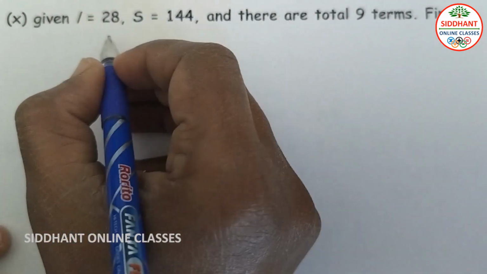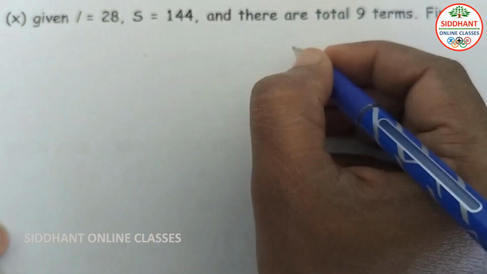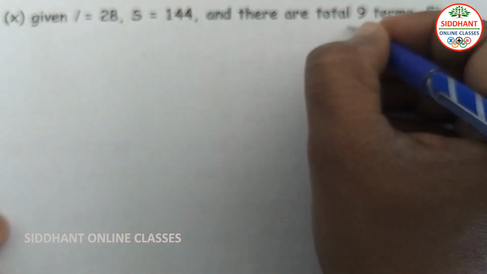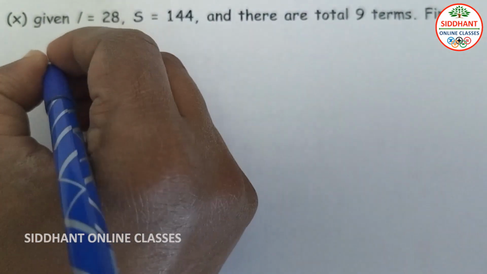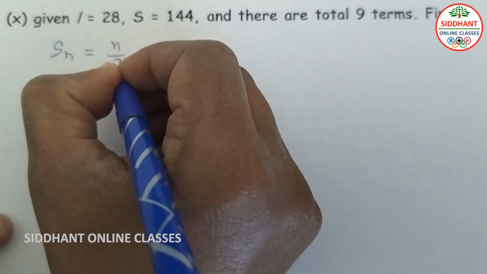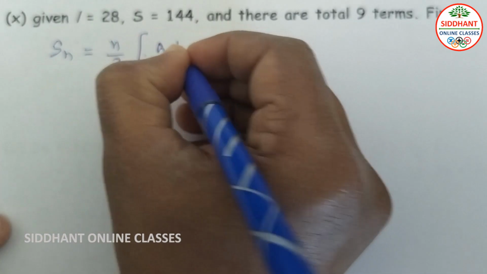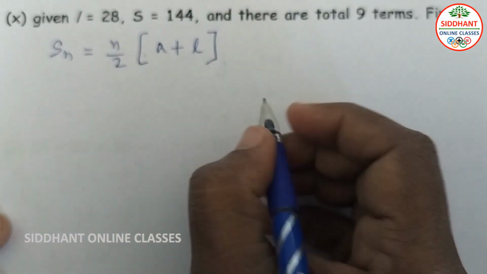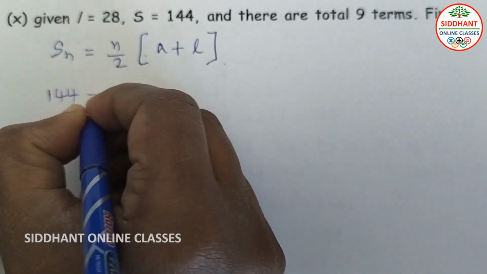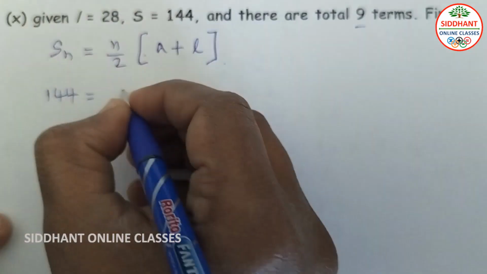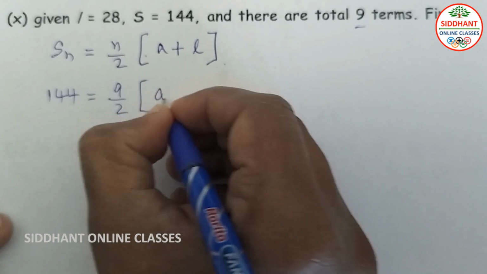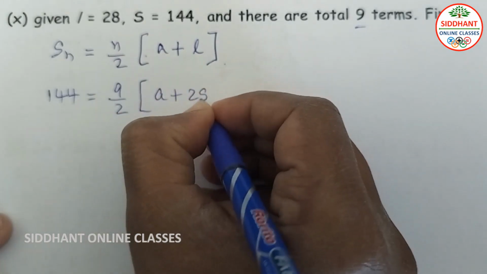10th one, given l equal to 28, Sn equal to 144 and there are total 9 terms, find a. So here n is 9. So Sn equal to n by 2 into (a plus l). Here the sum is given which is 144 and n is given which is 9 terms. So 9 by 2 into a, which we are going to find out, plus l, which is 28.